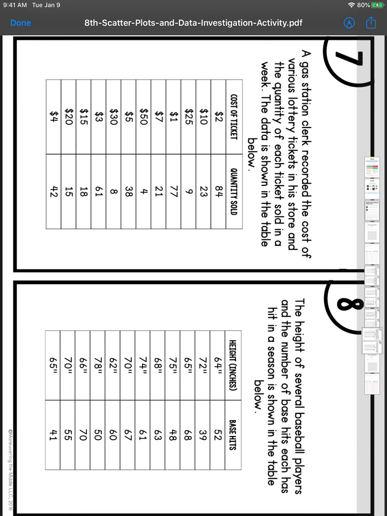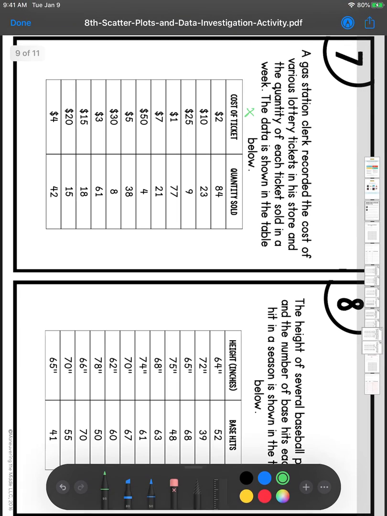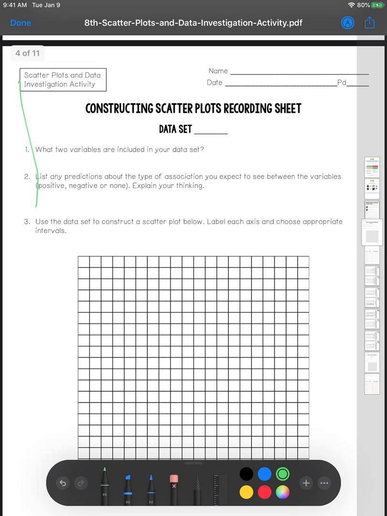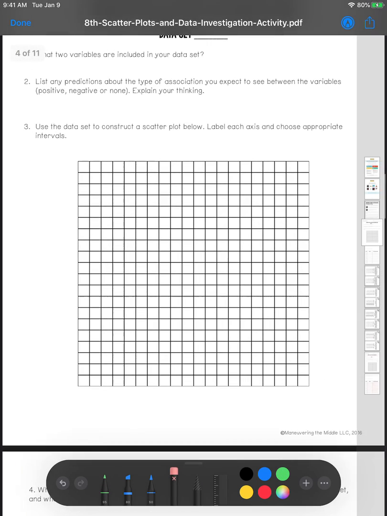So you're going to determine what is X. This would be X. This would be Y. And then you're going to plot it on the graph. You're going to label what the x-axis represents and what the y-axis represents.